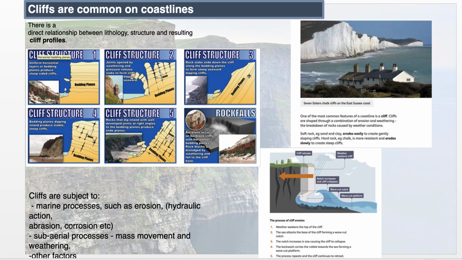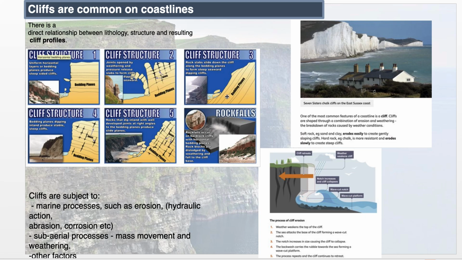Here we have a very strong angle of dip in picture 3. So these rock slabs, these bedding planes, because they are different types of rock, can easily slide off the layer beneath, especially if water gets in from the top of the cliff and weathers that environment. If water gets in from the top of the cliff, it acts like a lubricant between the layers. You've got the sea at the base of the cliff adding further erosional impacts, and the combination of the two allows those rock layers to slip into the sea.